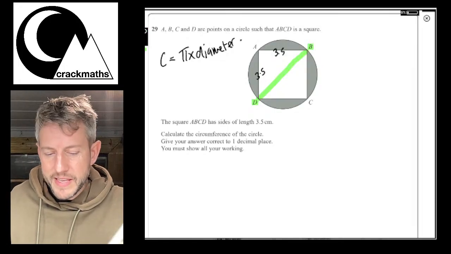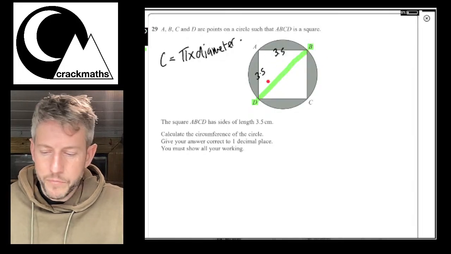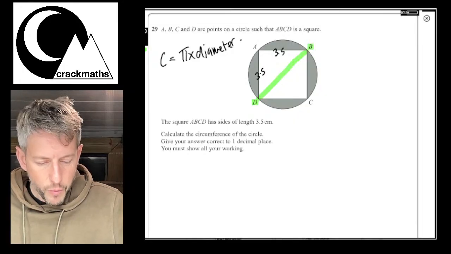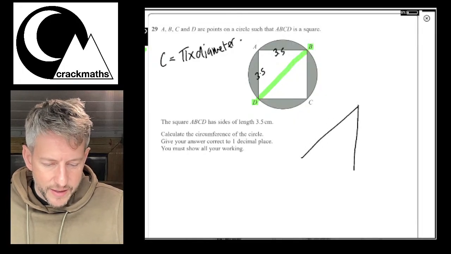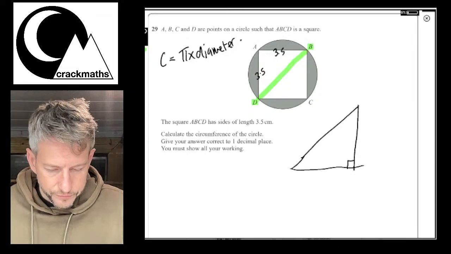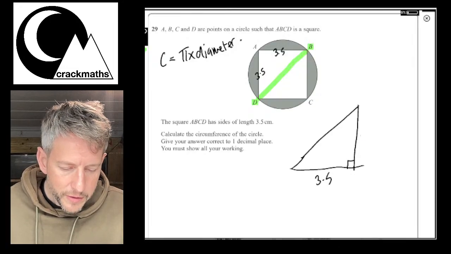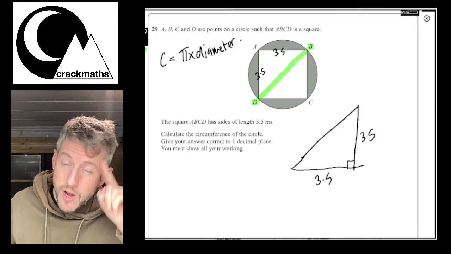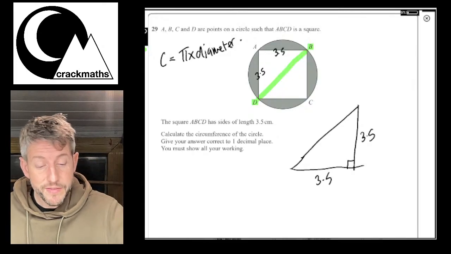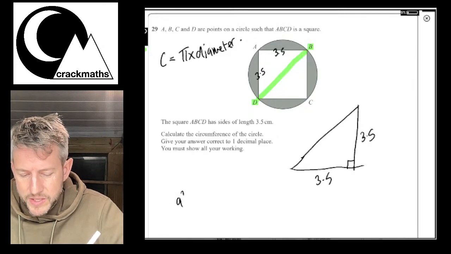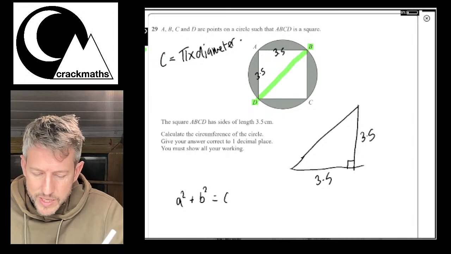But we can work this out because this is a square. And if we cut this square in half, we get a nice right-angled triangle like this, with 3.5 here, 3.5 here. And so we can use Pythagoras' theorem, which is a squared plus b squared equals c squared.